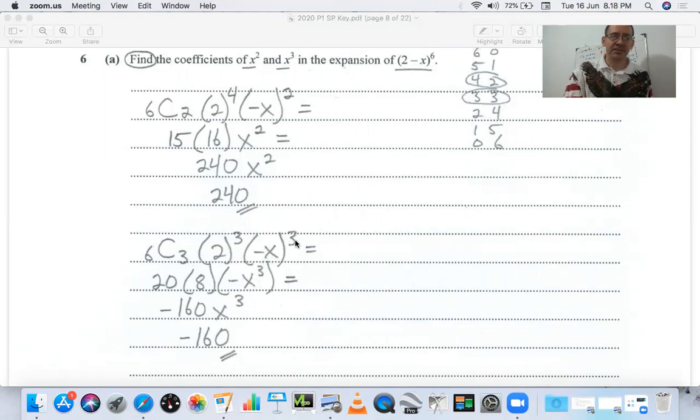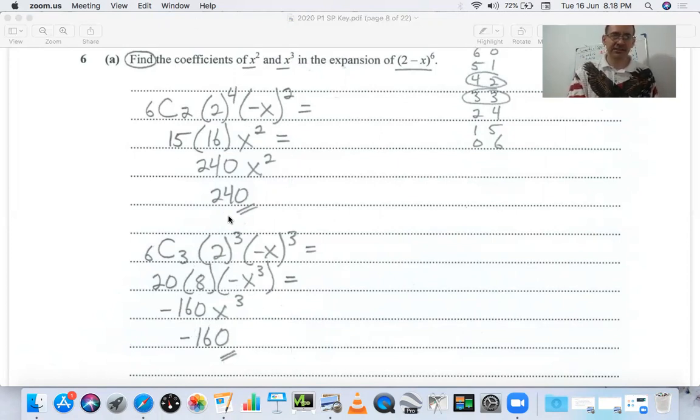So negative x cubed is still a negative x cubed, but now the cube is on the x. 2 cubed is 8. So again, be careful of your signs when you're distributing exponents. 3 negatives is still a negative, and the 3 also distributes to the x. So it's like a negative 1 cubed and an x cubed, which gives you a negative x cubed. 2 cubed is 8, 8 times 20, and the negative 1 gives you a negative 160 x cubed. So the coefficient is negative 160.